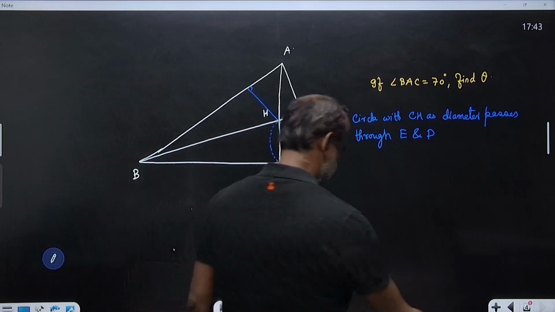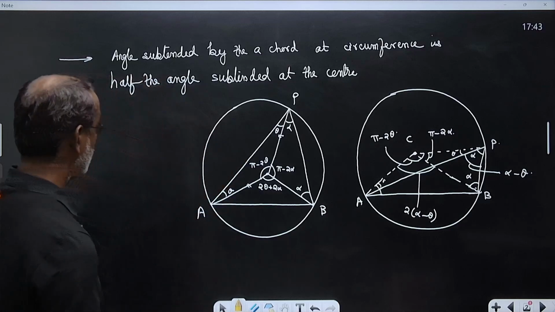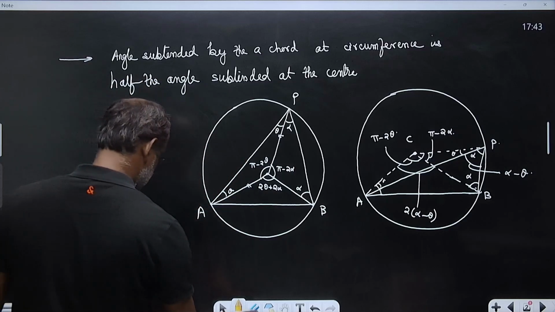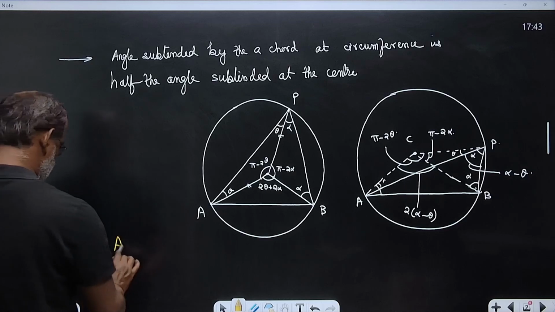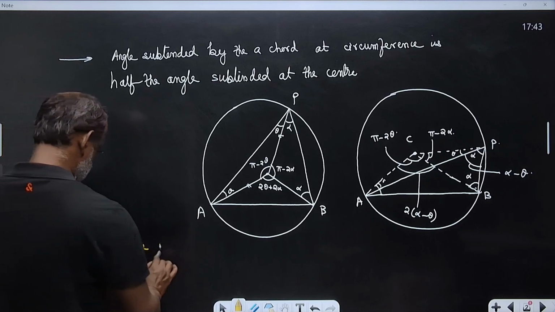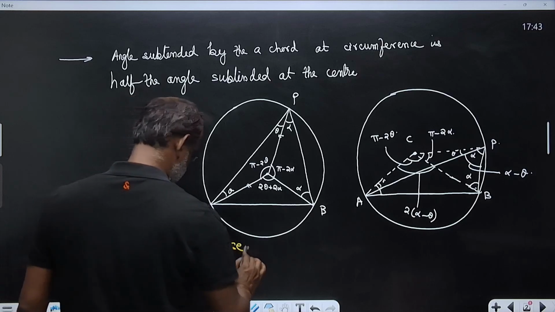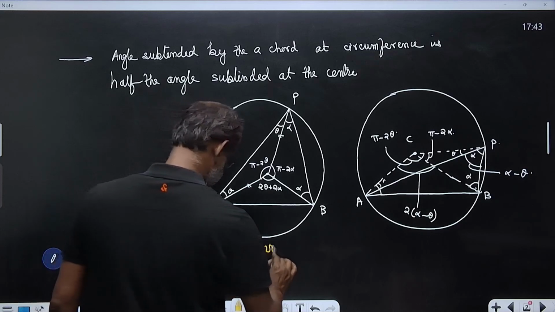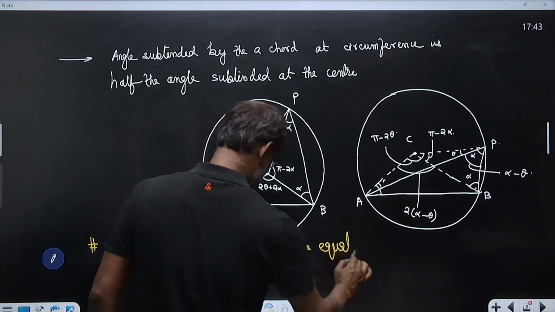Now, just by the theorem we have gone through, what will be the corollary of this? Angle in same segment are equal.